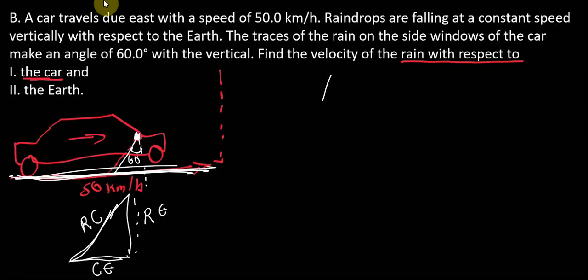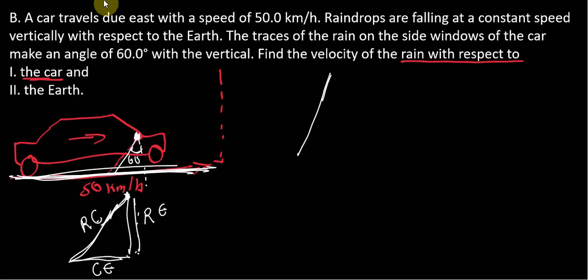If you check out, right? So this side, it is the car respect to the earth, but this side it will be the rain respect to the earth. Then this side, this is where the window of the car is. So meaning that it's rain respect to the car, right? So like you have rain, it's dropping at the window, then it's coming down to the earth. So this is how the illustration is.